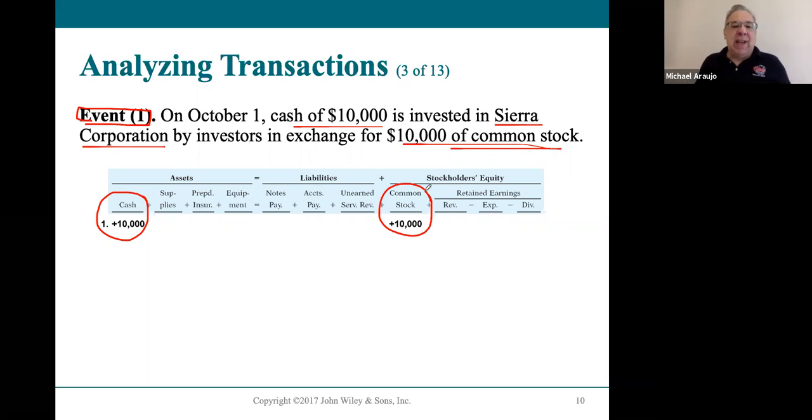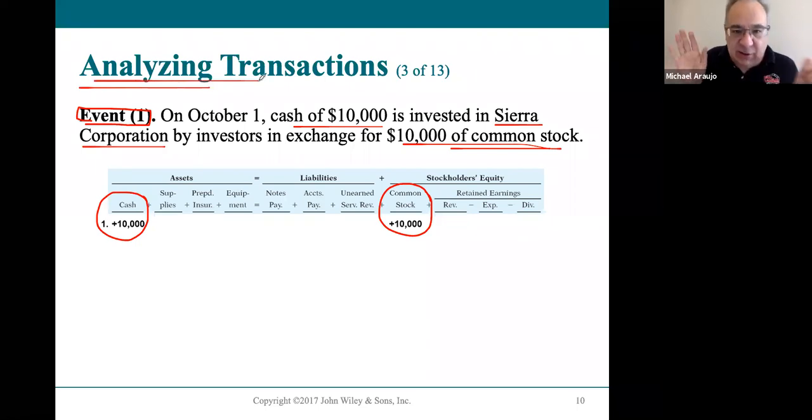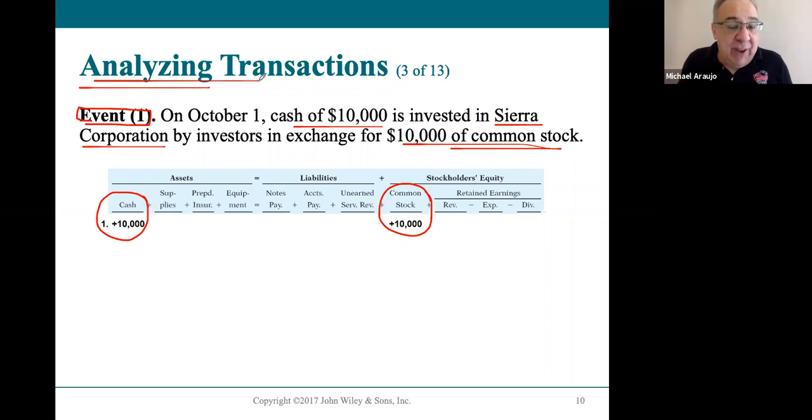As you see, all this is analysis, this is not accounting. This is strictly analysis. Remember, it's a dual effect. We had to identify the accounts that are affected by every event. For this event, 2 accounts are affected: cash and common stock. How are they affected? The company has more cash.